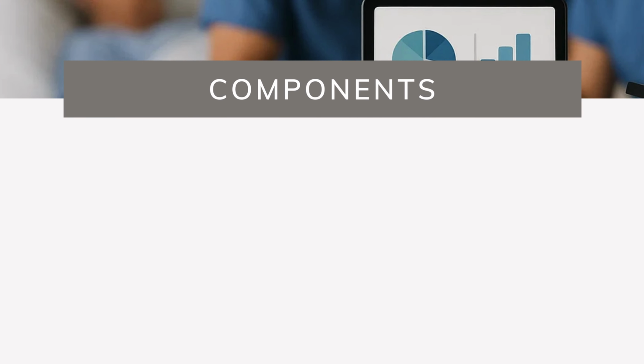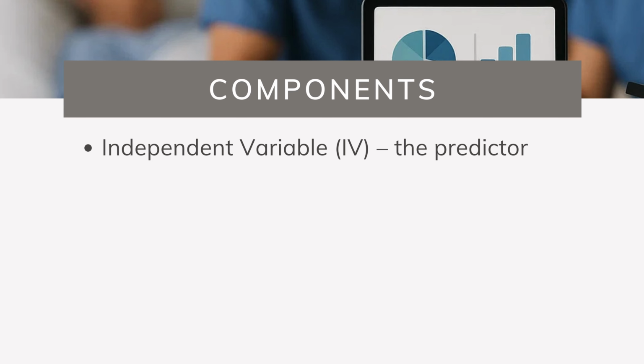Now, let us break down the components that make up a conceptual framework. The independent variable, or the IV, is the predictor variable and is the presumed cause or influence in your study. It is the variable that you, as the researcher, believe will affect something else.